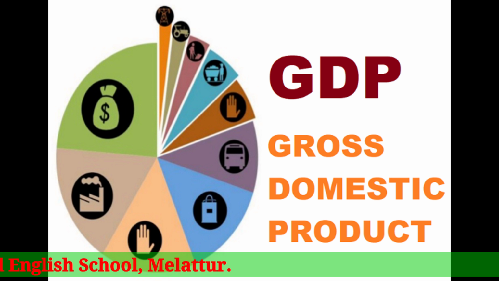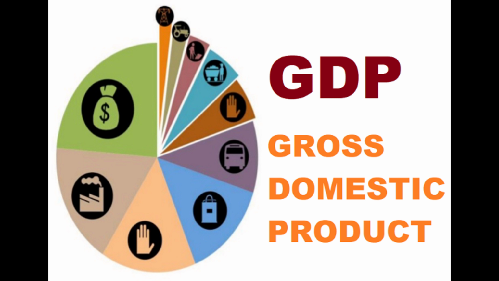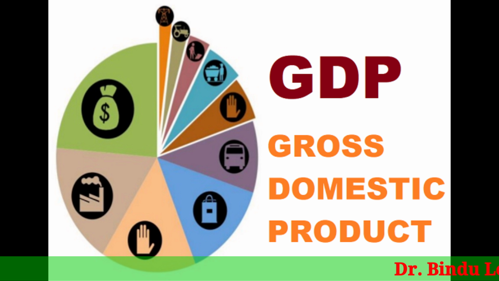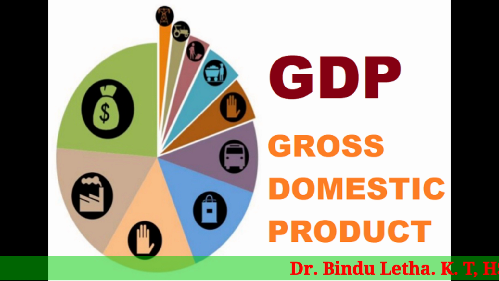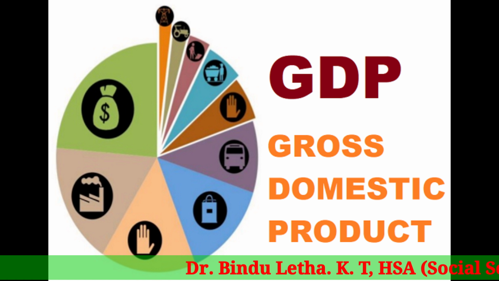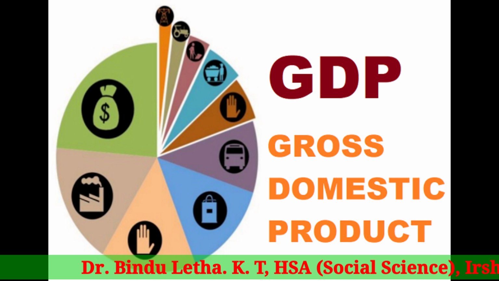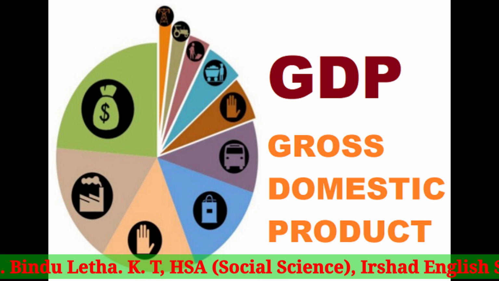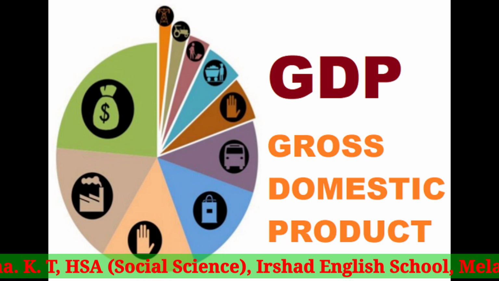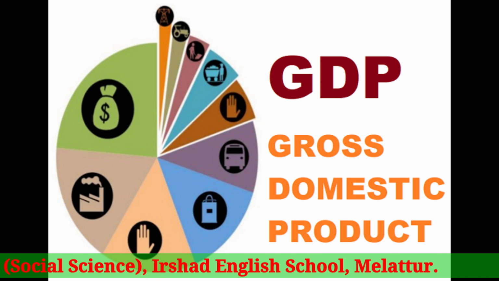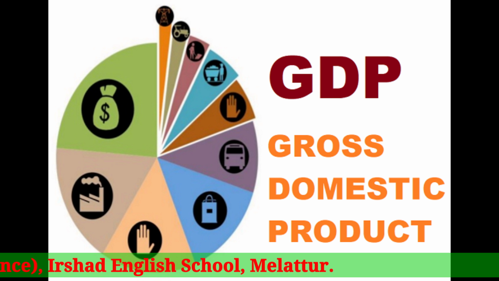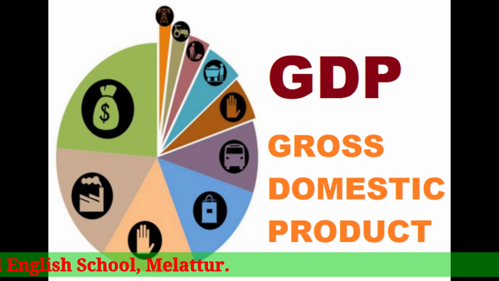Therefore, we cannot calculate the exact price of these goods and it is not accurate. Sometimes the same good may be repeated more than once and the total expenditure will be very huge. Therefore, we calculate the value of final goods and services alone. This is because the value of final goods already includes the value of all other goods.